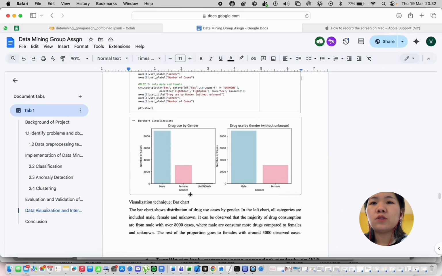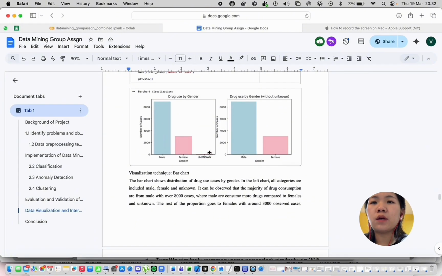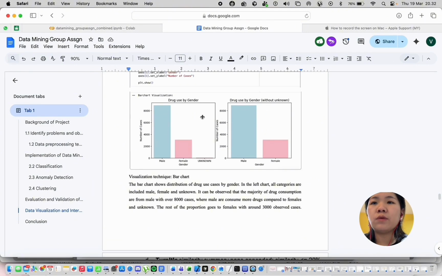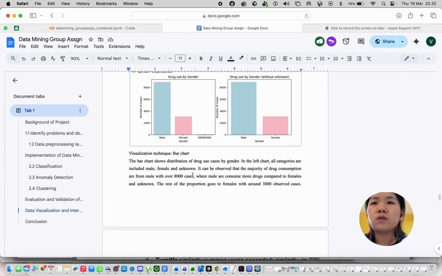Both are the same, it's just that the left side has unknown, and on the right side there's no unknown. From both of these charts, we can see that male has over 8,000 cases compared to female with only around 3,000 cases. This means that male contributes a larger part of the drug usage.